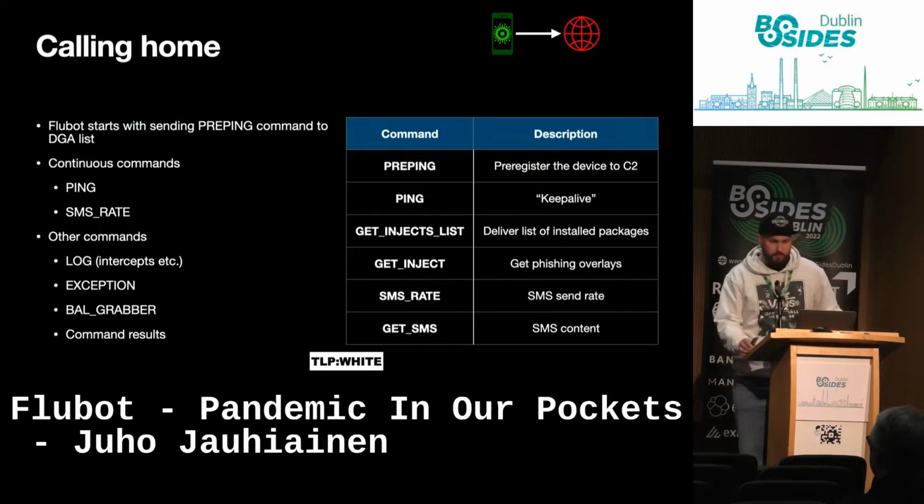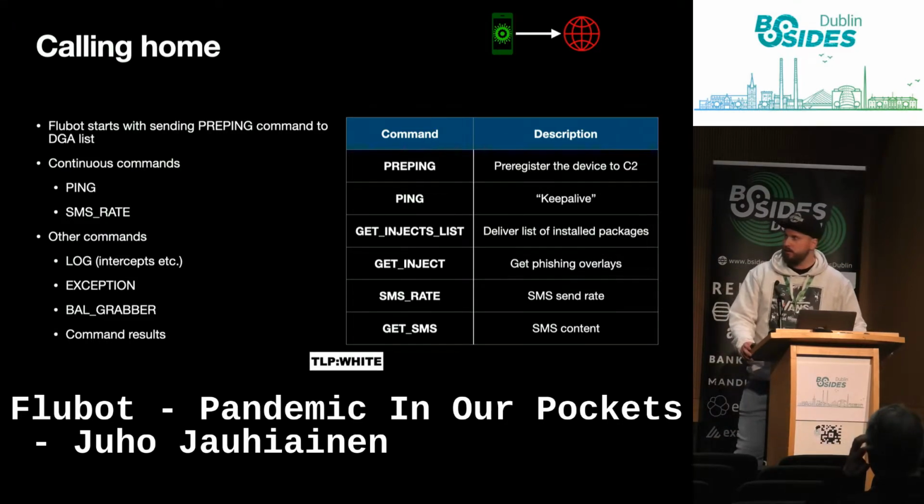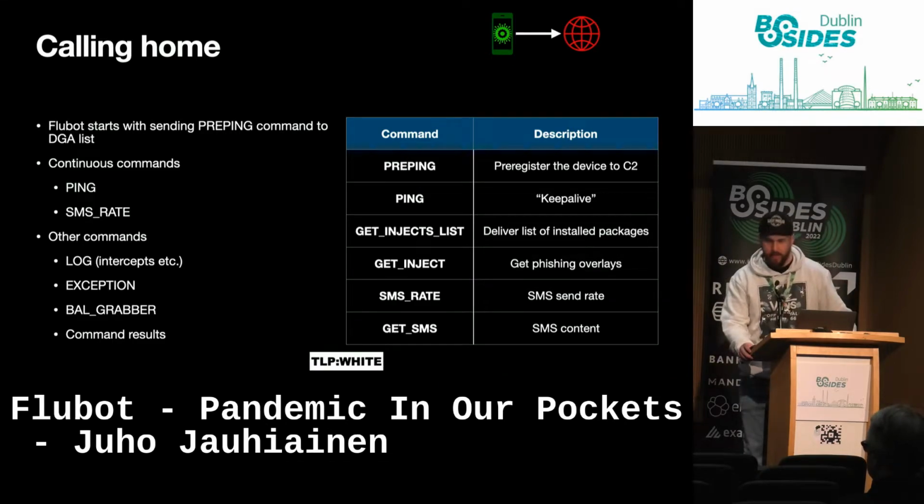Flubot has a lot of hard-coded commands which are used for C2 traffic. Before starting the C2 communication, it uses this pre-ping command where it tries to connect to over 2,000 C2s and checks which one of them is alive.